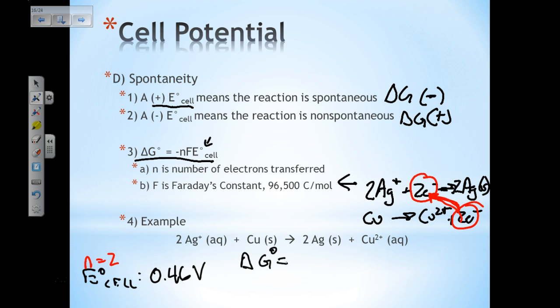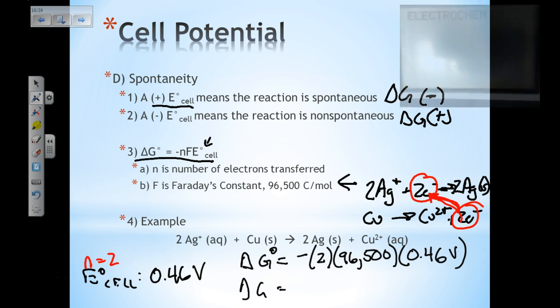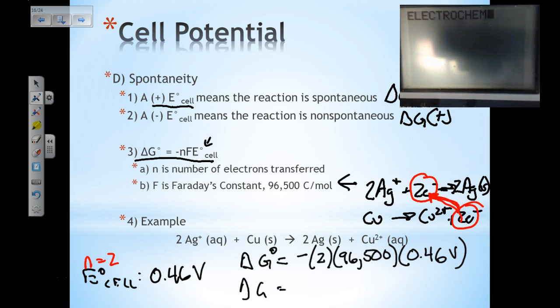The standard delta G equals negative 2 times Faraday's constant, 96,500, times the cell potential, 0.46 volts. And so now let's plug it in our calculator. Okay, electrochem. Gotta love electrochem.